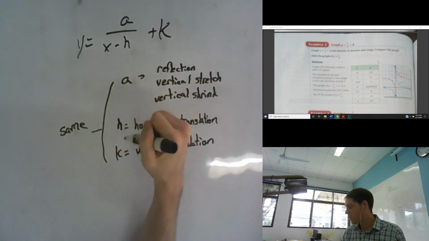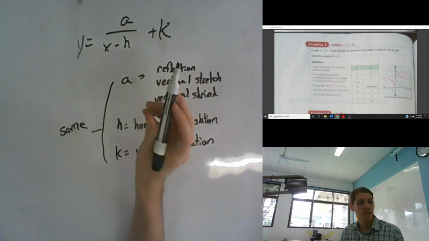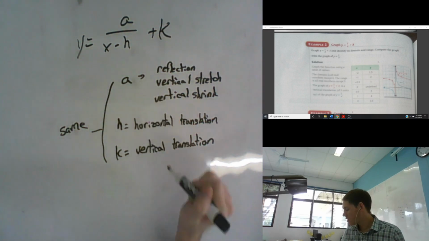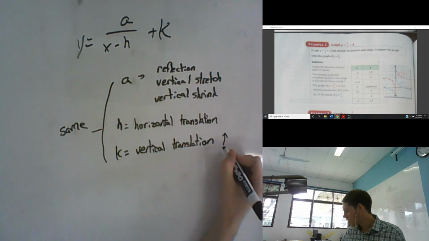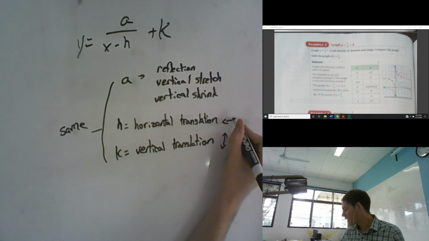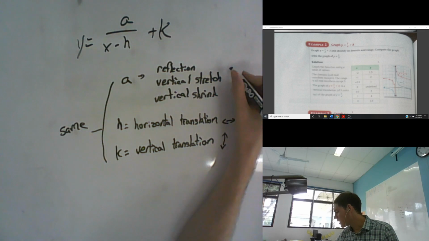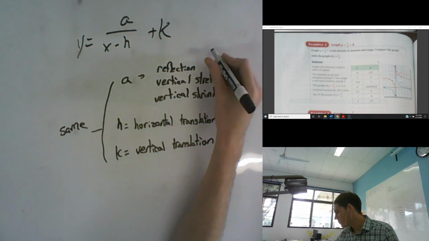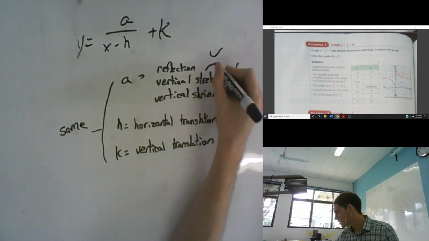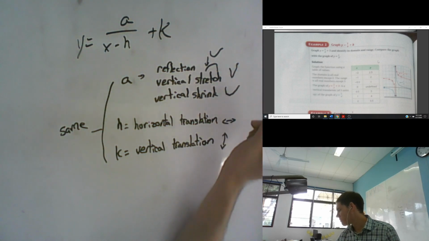So h is going to be horizontal translation. k is going to be vertical translation. So whether we move up or down, left or right. And this is going to be taller or wider. And this is going to flip it, from here to over here.